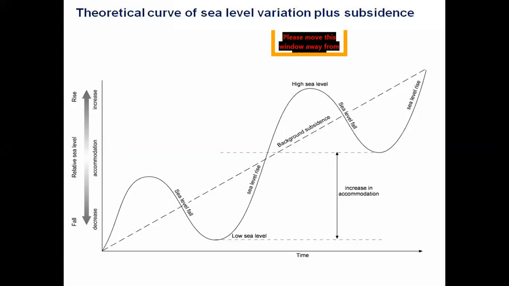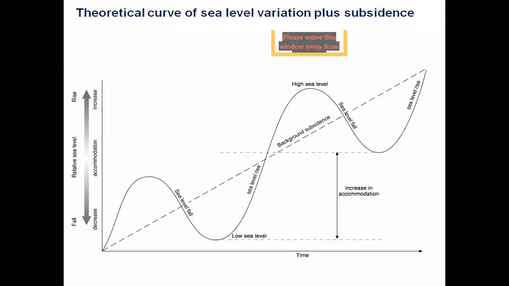Whenever sea level is rising, the accommodation space is created. But whenever it is falling, the accommodation space reduces, and whenever there is sediment supply, the shoreline moves seaward in that situation.